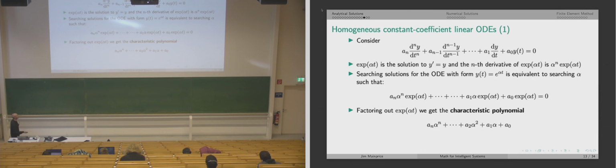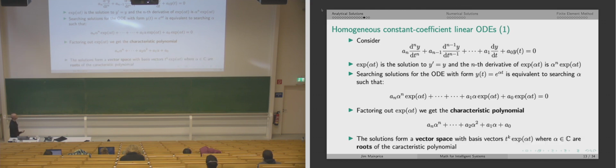And this characteristic polynomial can have roots that are complex numbers, meaning that these alphas here take values in complex numbers. But what's important to remember is that the solutions form a vector space with the basis vectors being these exponentials, where these alphas are the roots of the characteristic polynomial.